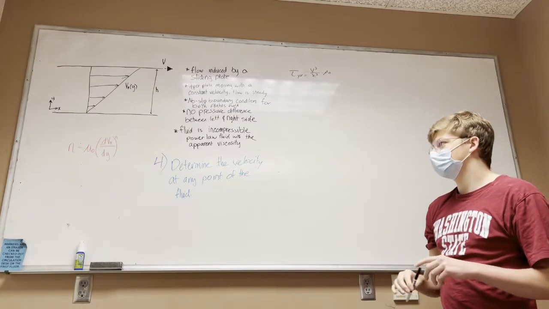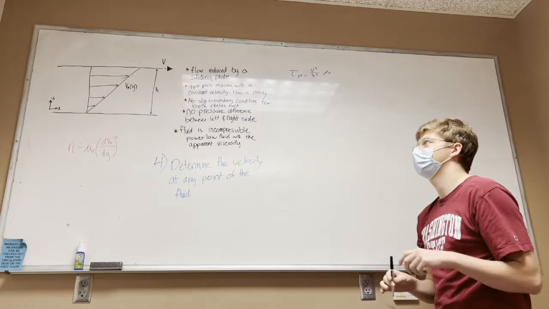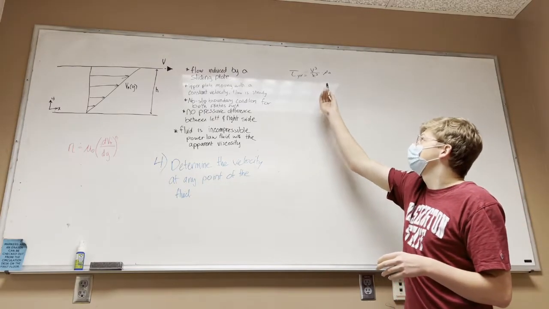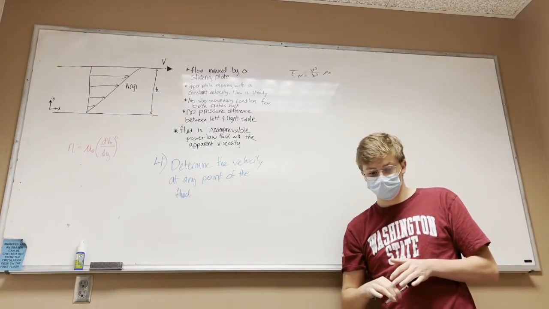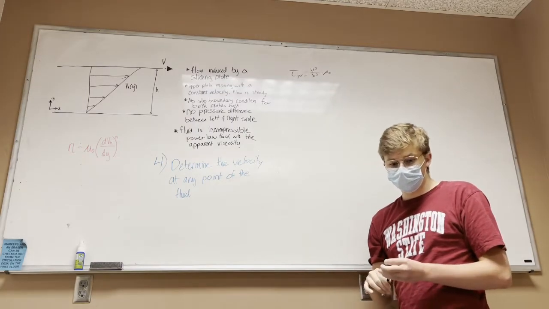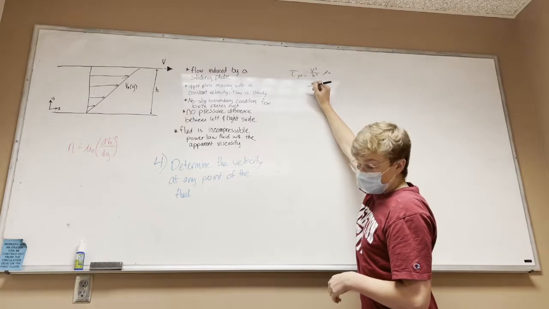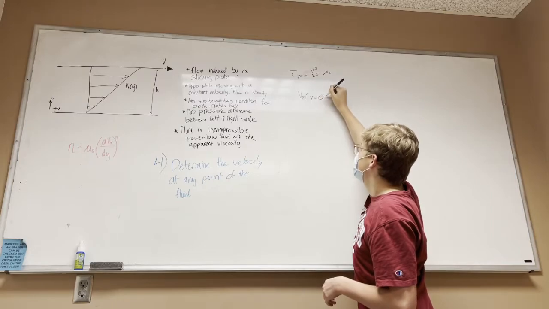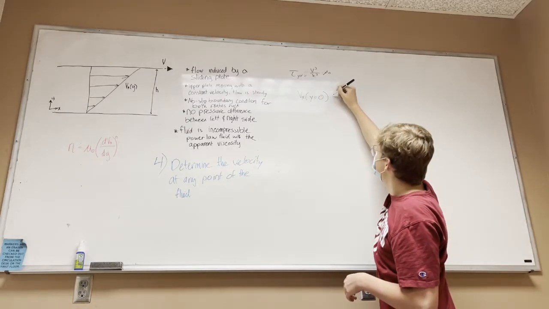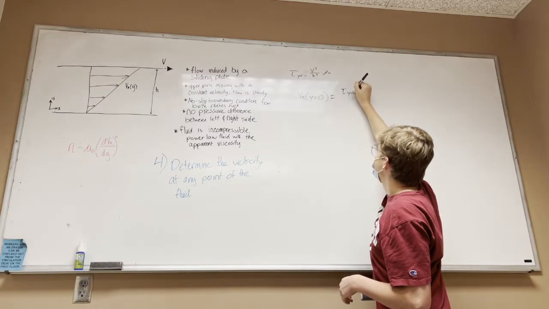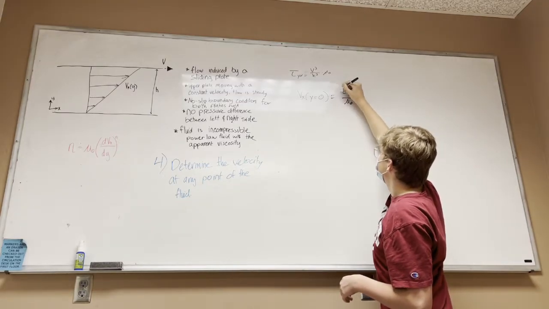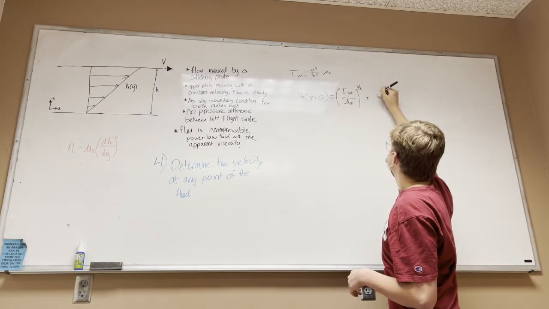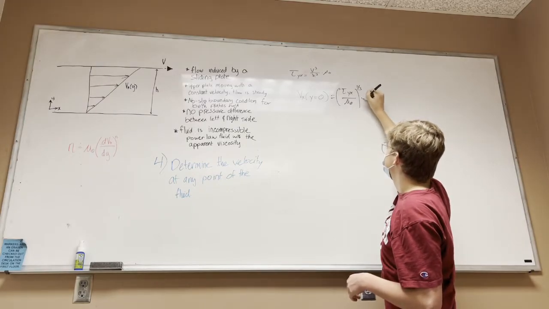So for question number 4, we want to determine the velocity at any point in the fluid. So in question number 3, we solved for this equation for tau, and then basically we're going to rearrange that. So we're going to start out with Vx at y equal to 0 is equal to tau yx over mu naught to the 1/3 power plus c2, times y as well.